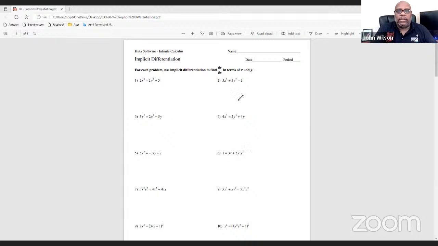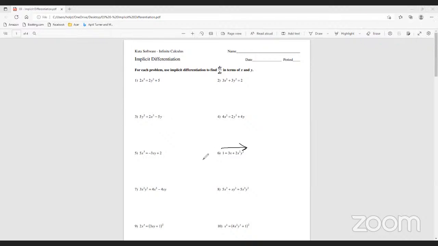Number 6 looks challenging enough. Okay. Let's take it slowly. How about going left to right? What should we write first when we take the derivative? Bailey? Number 6.